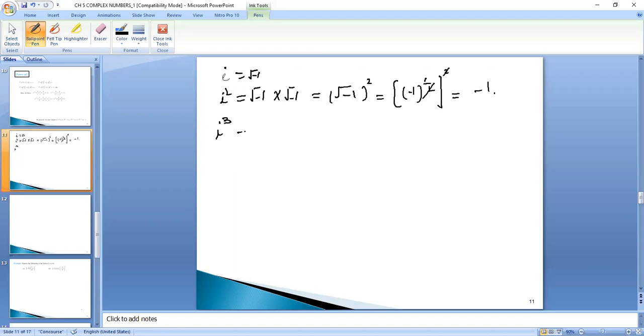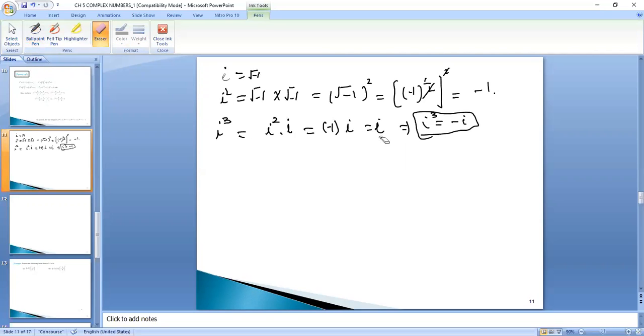So iota cube can be written as iota square into iota. The value of iota square we have calculated, -1 into iota. So this means iota cube we will always be writing as minus iota, right?